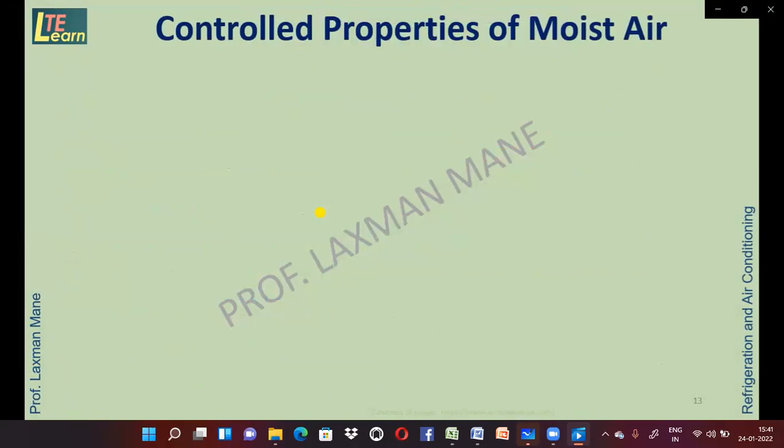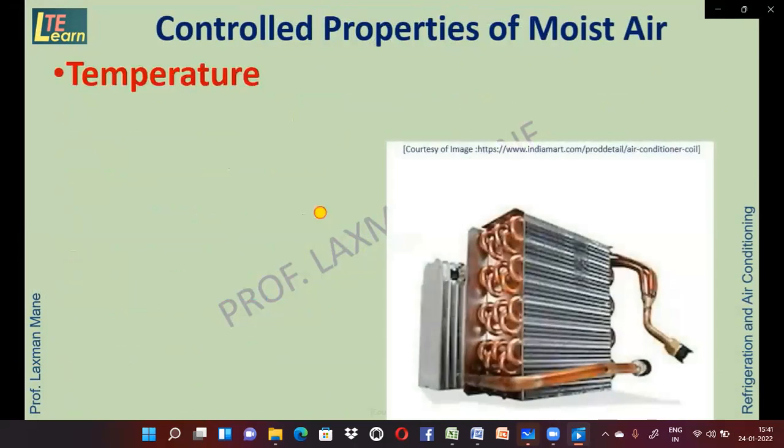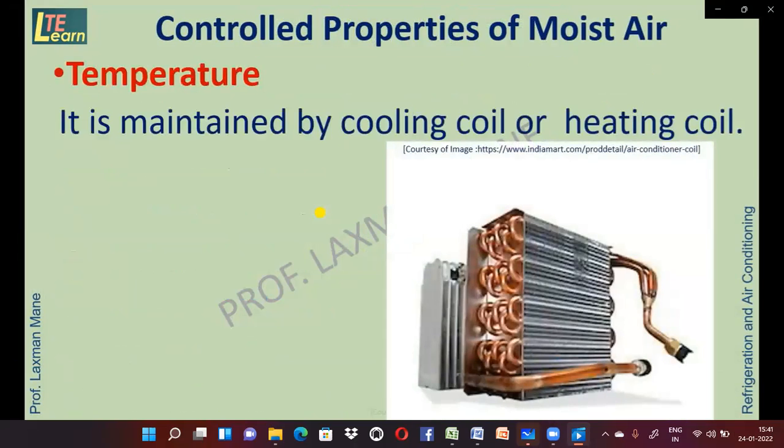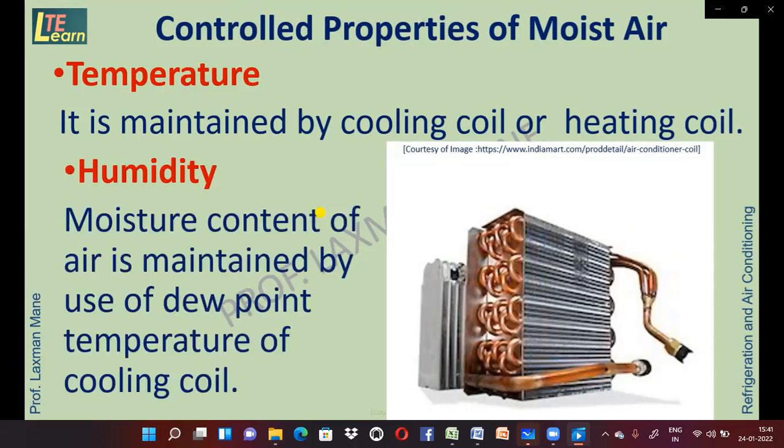In air conditioning, mainly four properties of moist air are controlled simultaneously. Temperature is maintained by using a cooling coil or heating coil. Humidity, meaning moisture content of air, is maintained by use of the dew point temperature of the cooling coil.